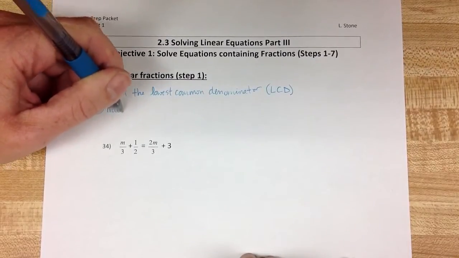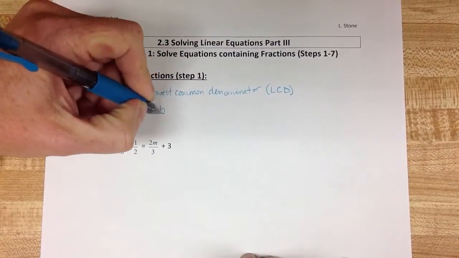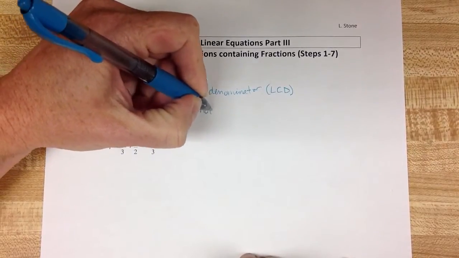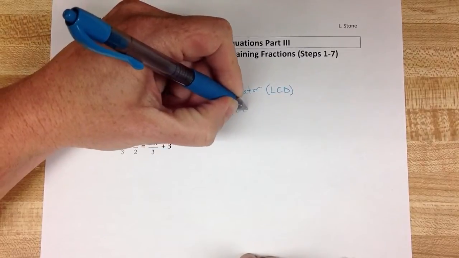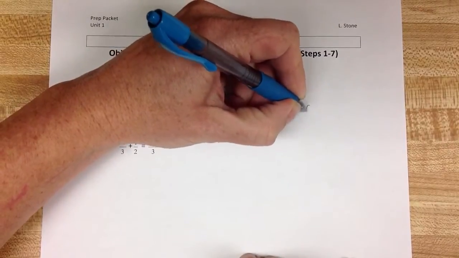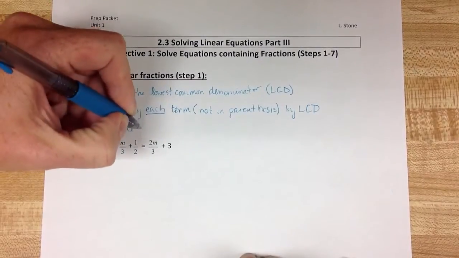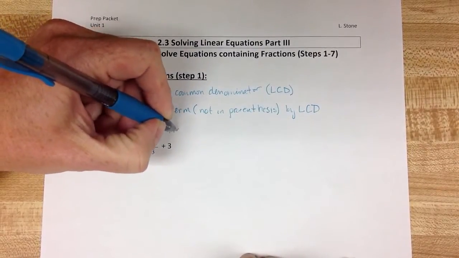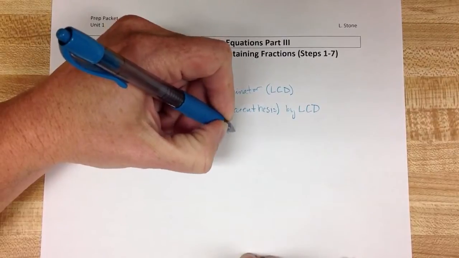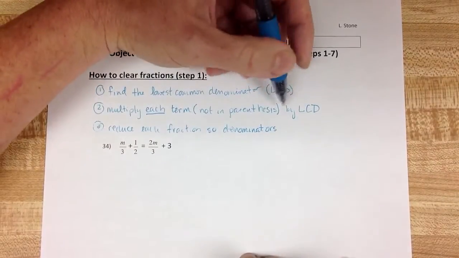Then multiply each term that is not in parentheses by your LCD, and then reduce each fraction so the denominators cancel out.